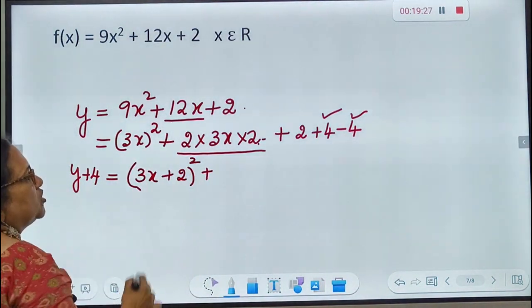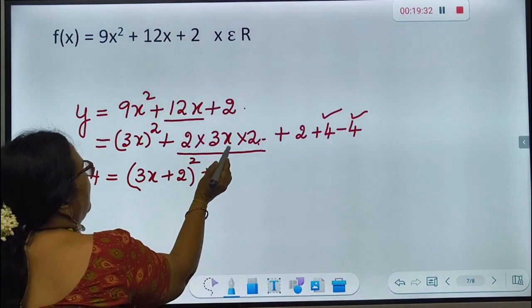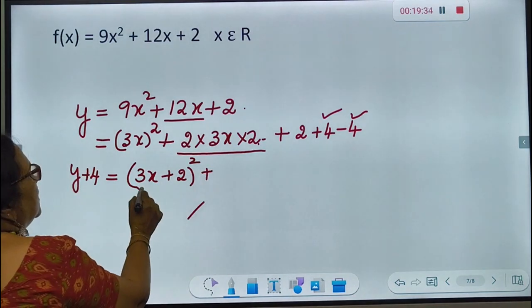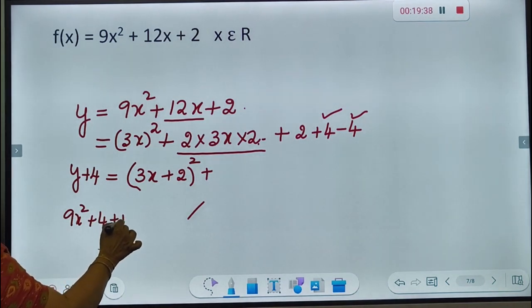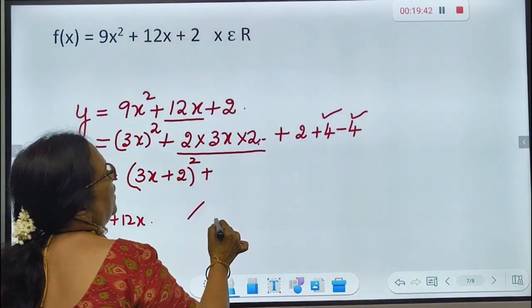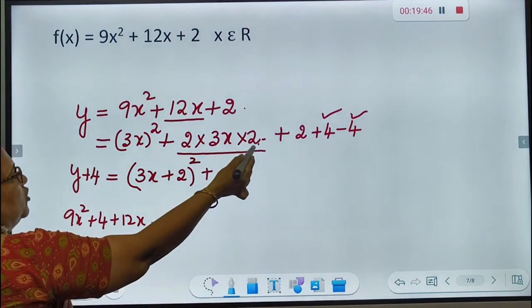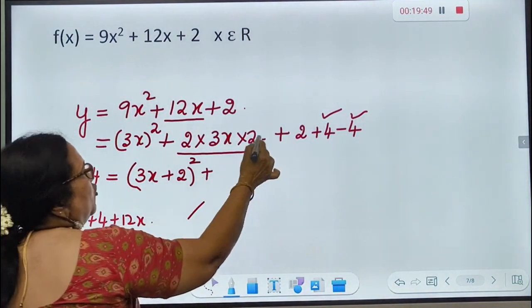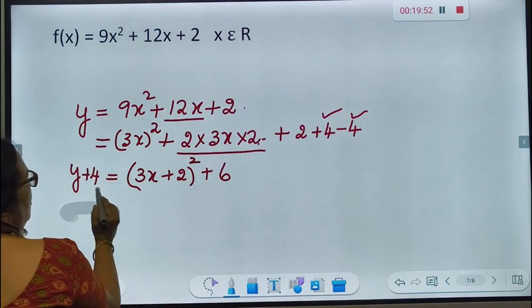Then what am I left with? This is 9x square plus 4 plus 12x. So to complete the square, I have added 4, so I have to subtract 4. That minus 4 I have taken here. So 4 plus 2 will be 6. Are you able to follow?